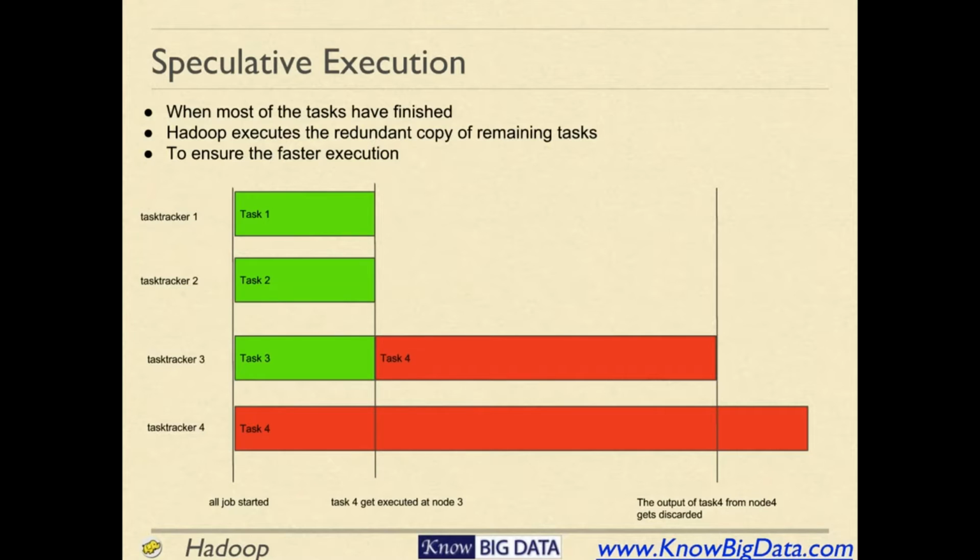All right. Then another idea called speculative execution. What is speculative execution? It's like an overreactive manager. There are some teams and companies where you will find these overreactive managers. Their sole objective is to get the work done fast, no matter what it takes.